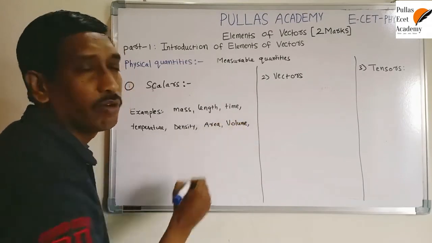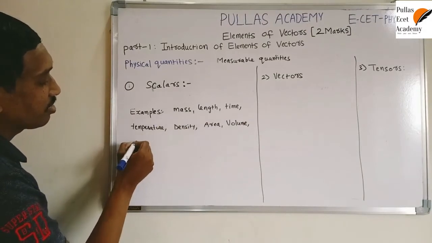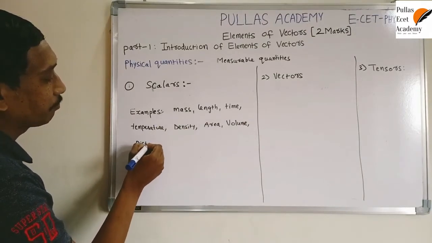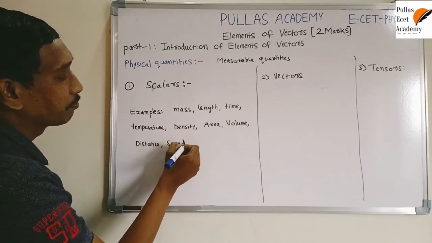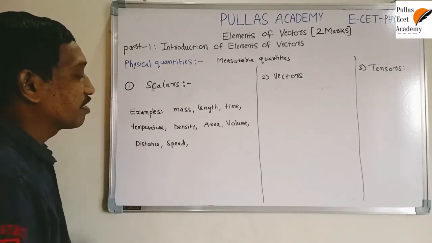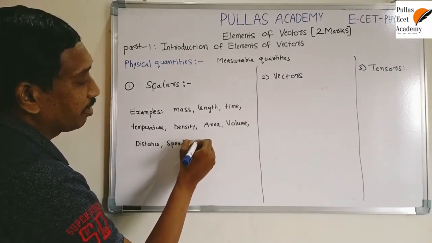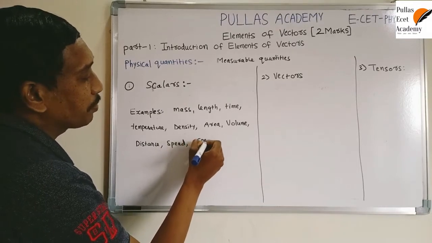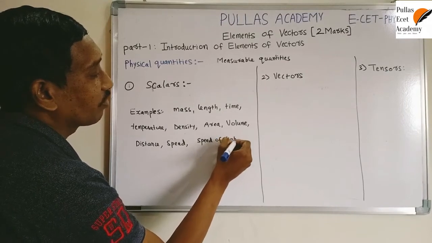Like this there are many quantities. One more, distance is a scalar quantity. Speed is a scalar quantity. Speed of light is a scalar quantity.